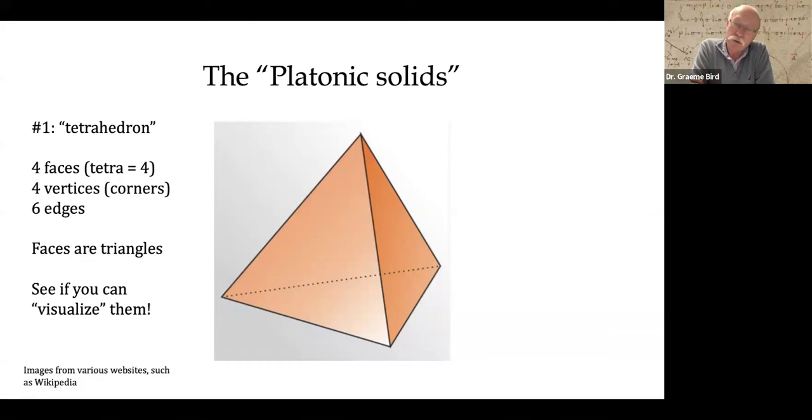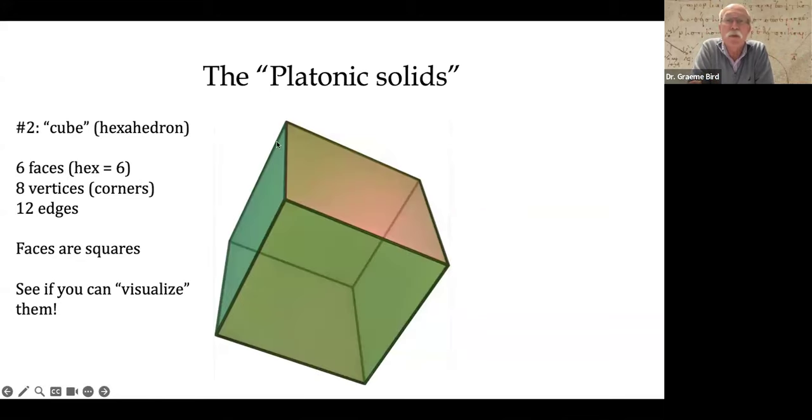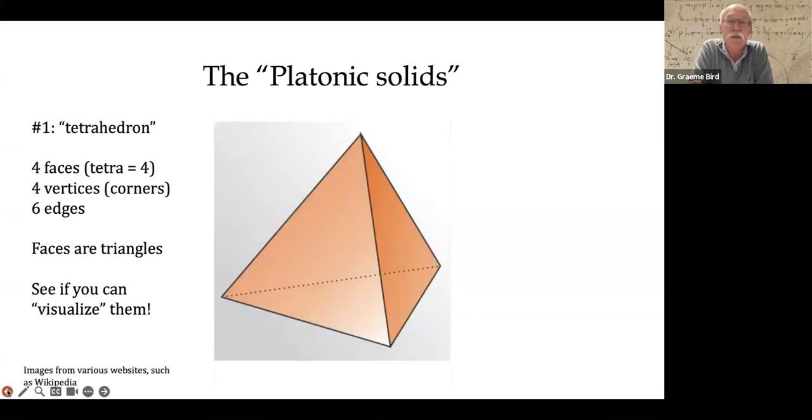And they have to be equilateral triangles because that's the only kind you can use. Yes, good, Lisa. Can you see the 4 vertices? Oops, oh, cool. I hate it when I do that. Can you see the 4 vertices? Obviously, the correct answer is yes, if you can. And then you're supposed to be able to see 6 edges.